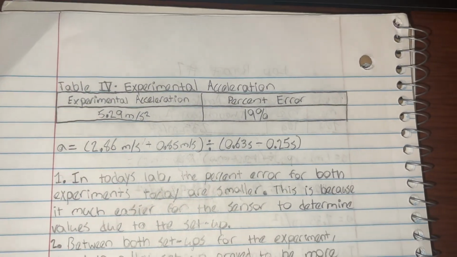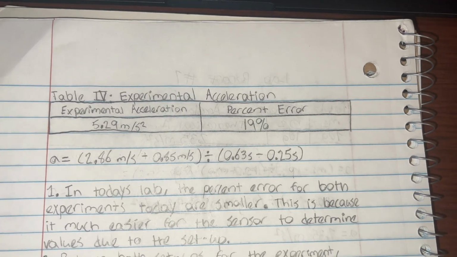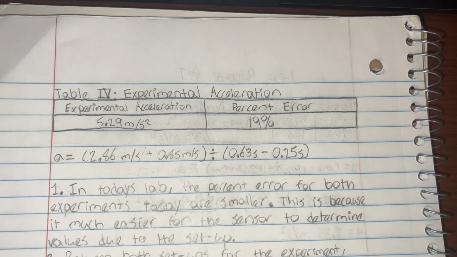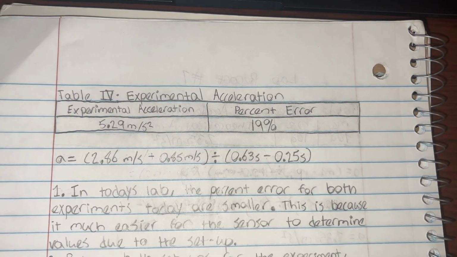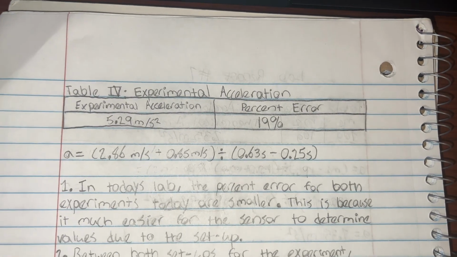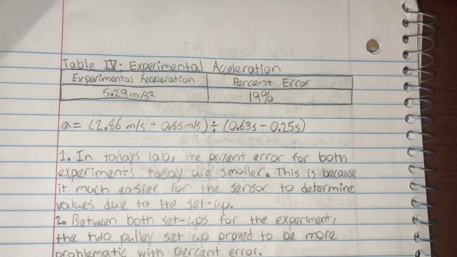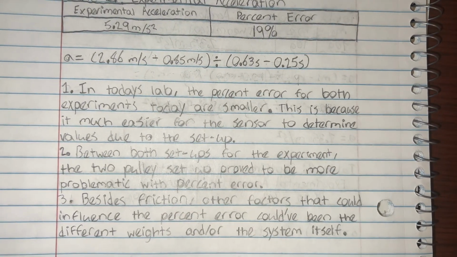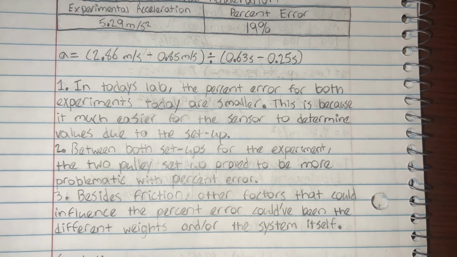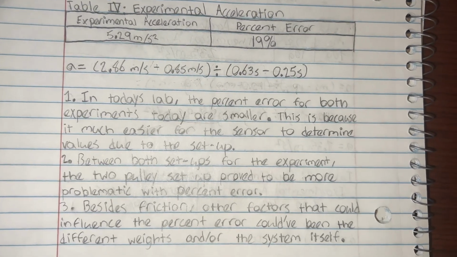That was just due to a lot of testing, and obviously we have to deal with more rules such as the 50 gram minimum, and having to deal with 2 pulleys instead of 1 pulley, which is a more complex system. So with that, we determined that the second setup gave us a larger percent error than the regular one, which gave us just 14% instead of 19%.